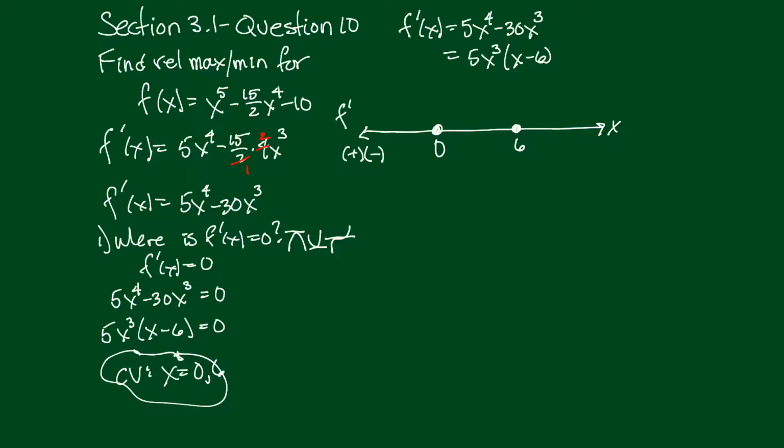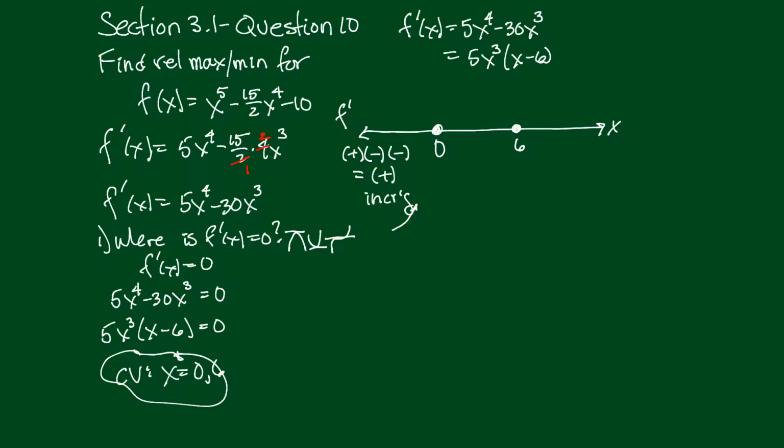And then put that -1 here, -1 minus 6, that's still negative. And if I multiply a positive and two negatives together, I end up with a positive, which tells me that in this interval, this function is increasing. So this function is increasing here.